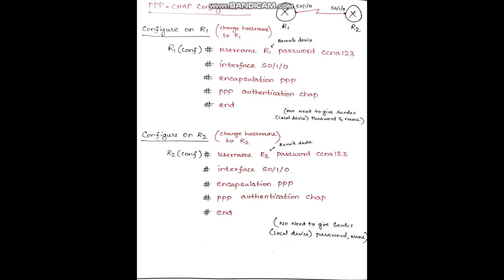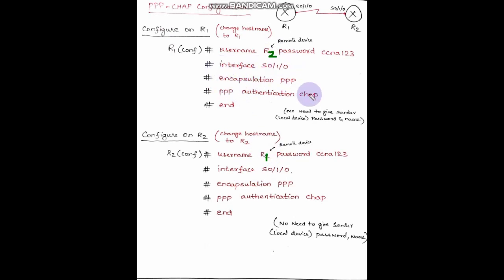Wait, I will write here only. This is not R1, this is actually R2. And this is not R2, this is actually R1. So don't make a mistake. Remember that this is R2 and this is R1.